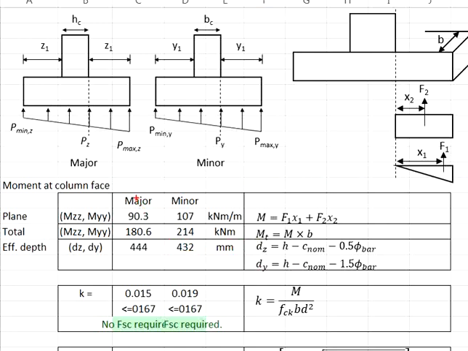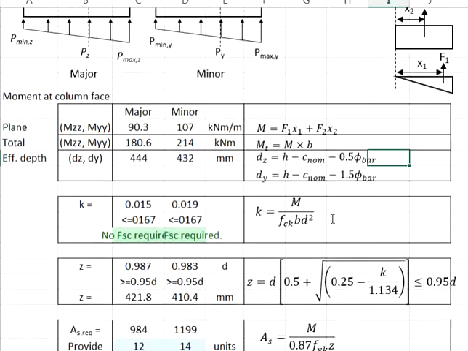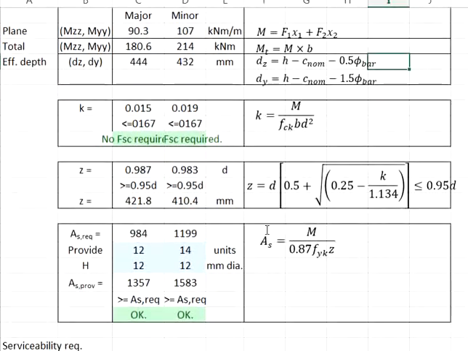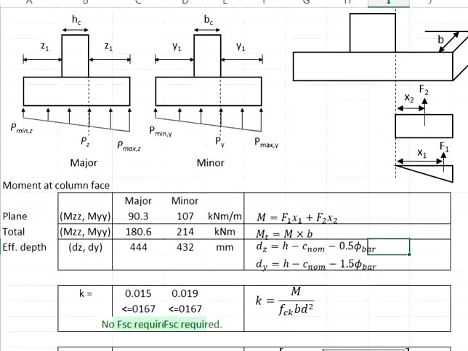Theoretically, you have to design the reinforcement bar both for the major and the minor axis. But if you are doing manual calculations, you would like to cut short your calculation steps. You may simplify your calculations by designing only for the minor axis and then apply the proposed amount of reinforcement bar also in the major axis.